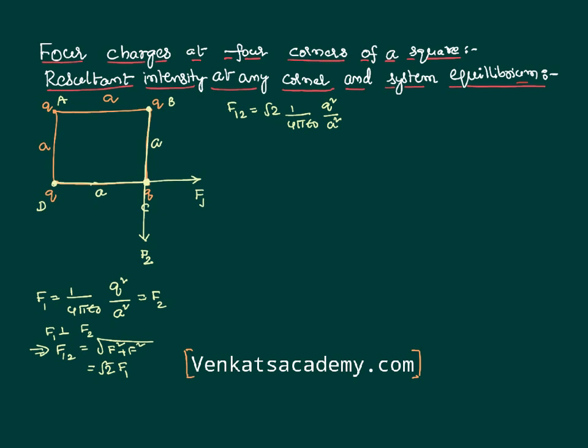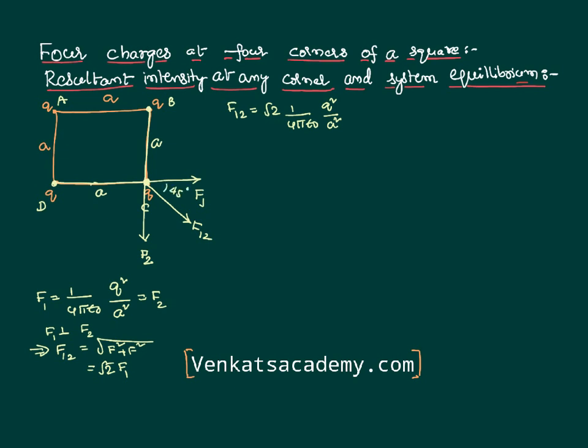I am also interested in identifying the direction of it. As F1 and F2 are equal, their resultant will be exactly in between, making an angle of 45 degrees with either F1 or F2.